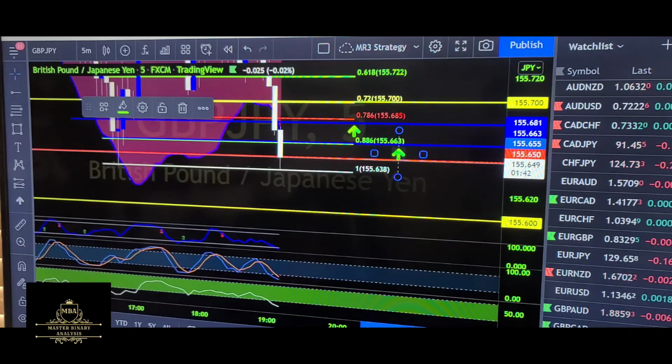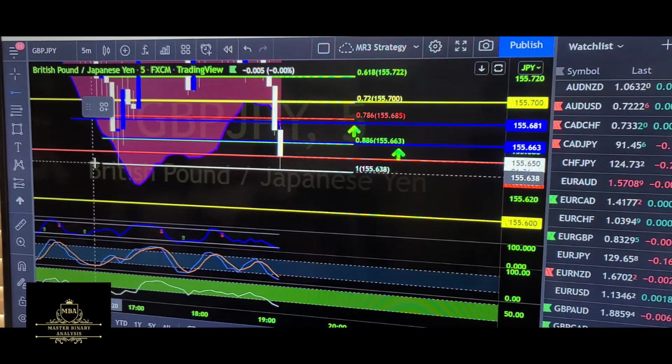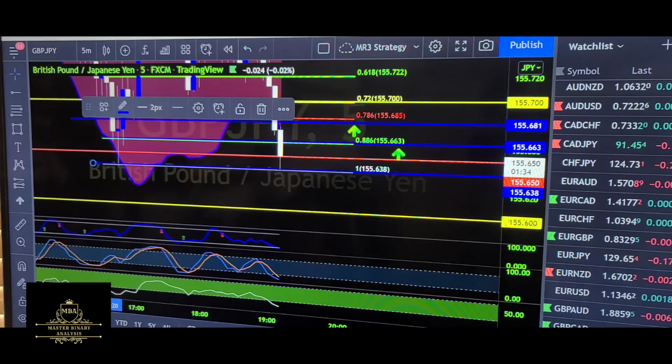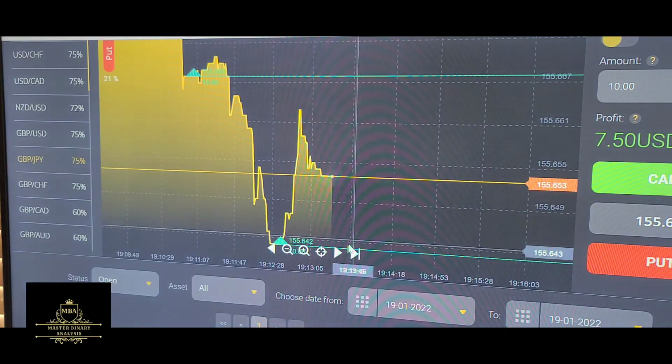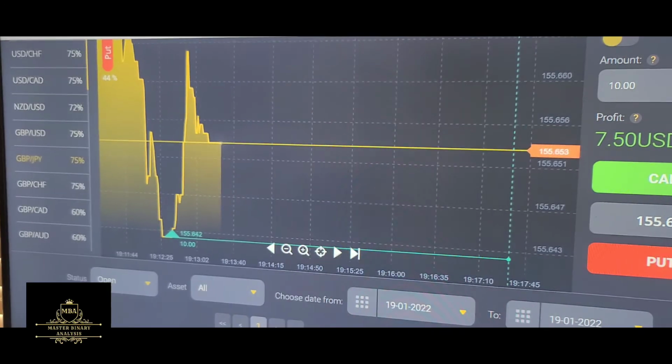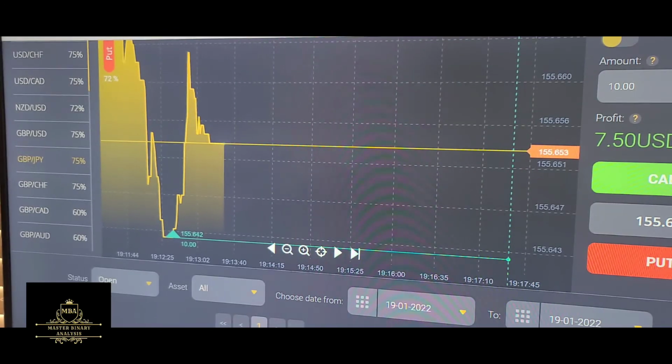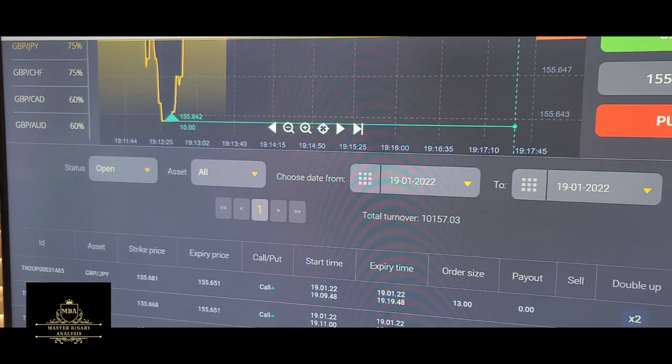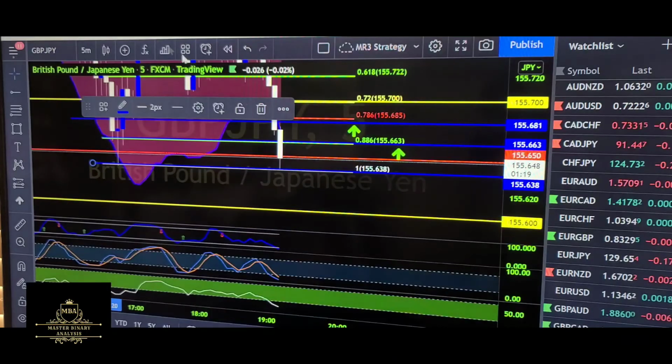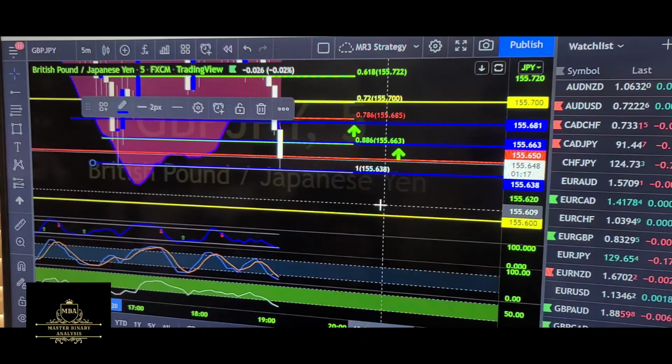So I know my bottom entry, which is right here at the 100% of the Fibonacci level, I know that one's in profit currently, which it is. I need to check now my expiration time. So 13, I end at 20, and 19, it should start working its way up.